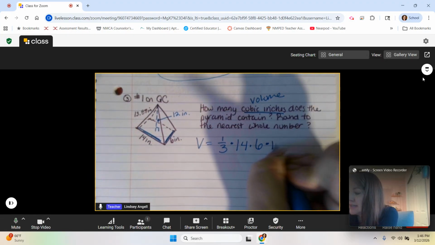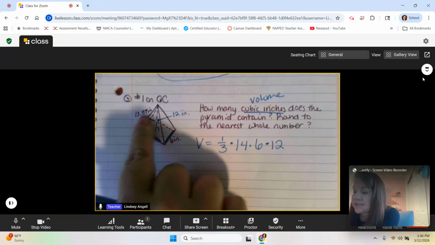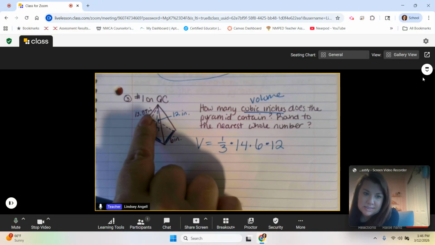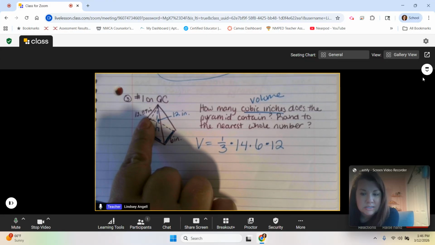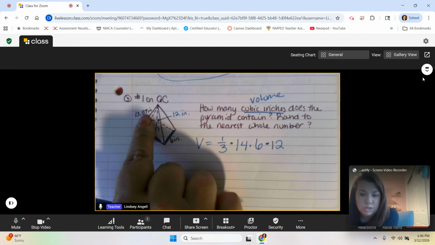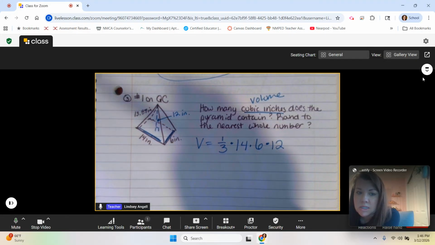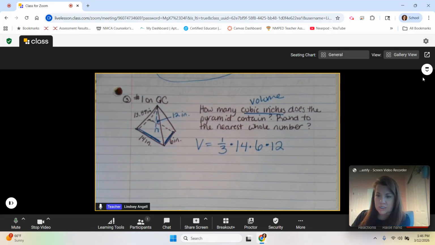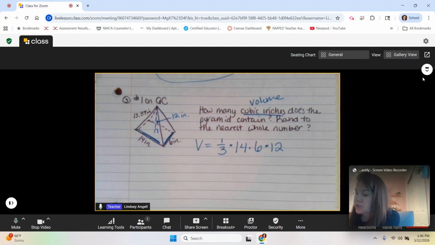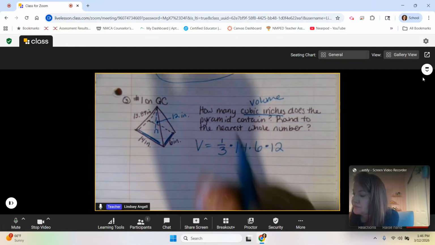So in this case, that's 12. This information over here, I think they're trying to say that this is the slant height. That is unnecessary information for what we're doing. So be on the lookout for things like that, because sometimes they'll do that. It's almost like a gotcha thing. So just be aware.